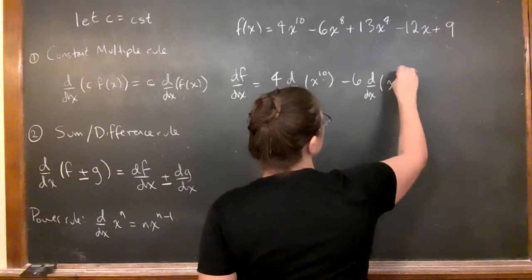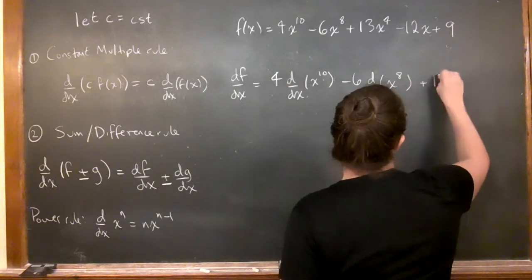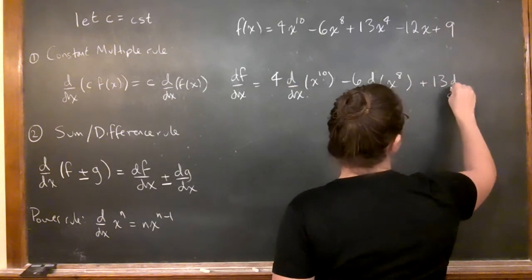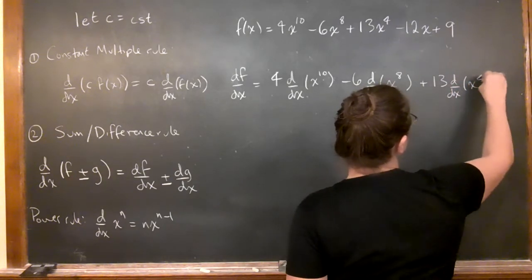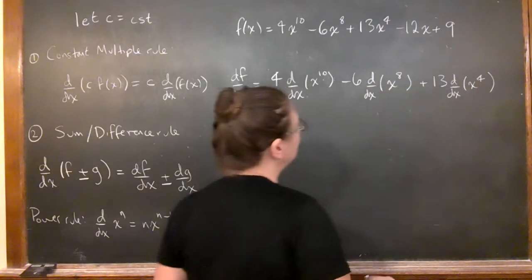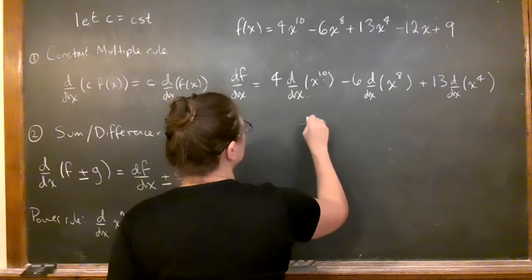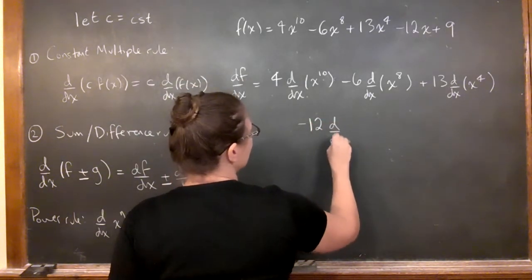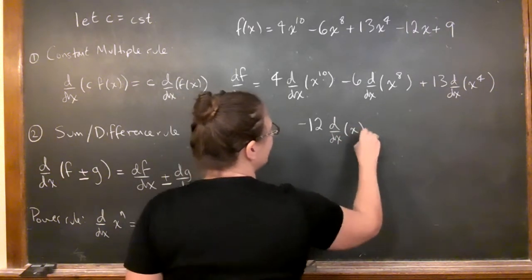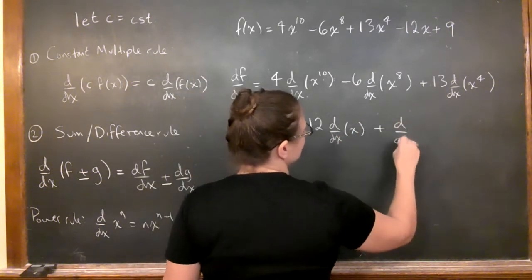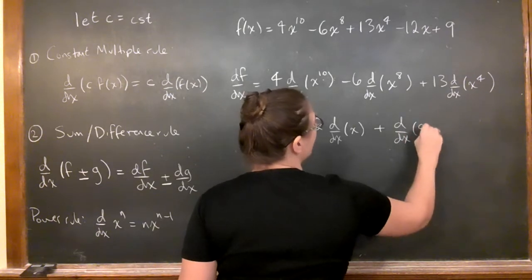And then each of those derivatives is just the derivative of one of these, power rules. Minus 12 times the derivative of x, except for this last one, which is derivative of a constant.